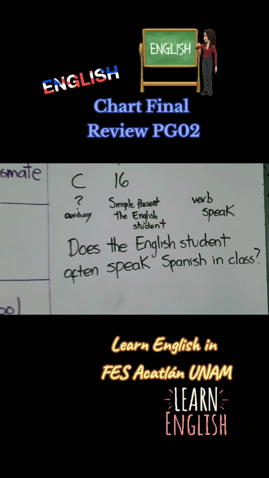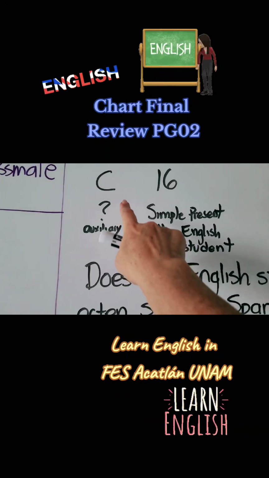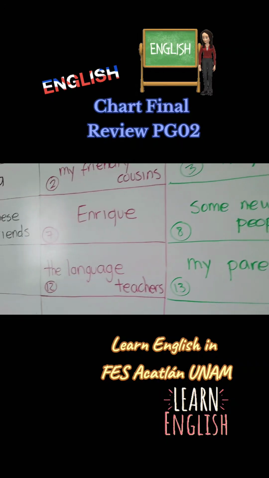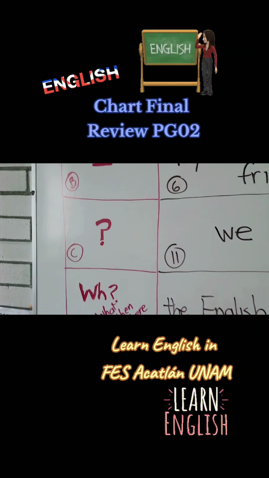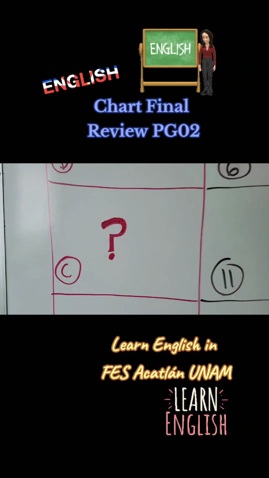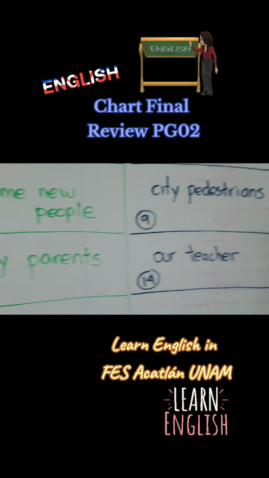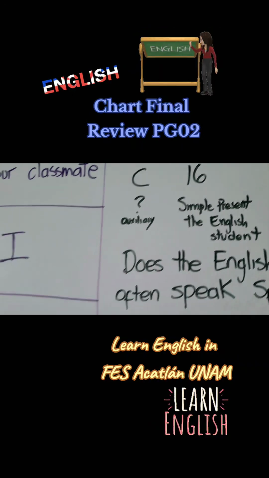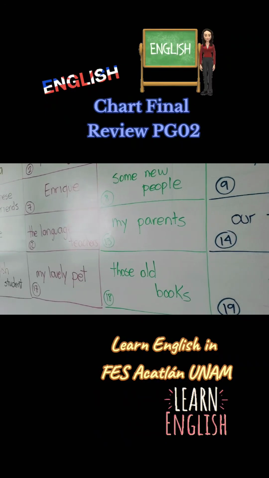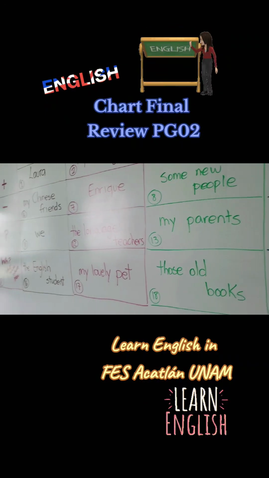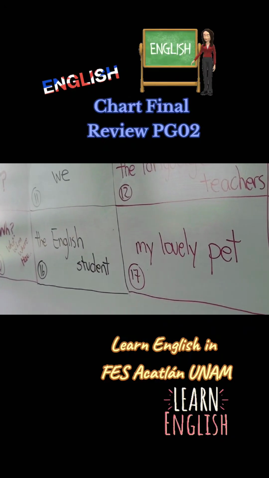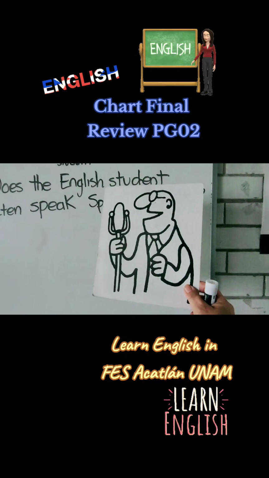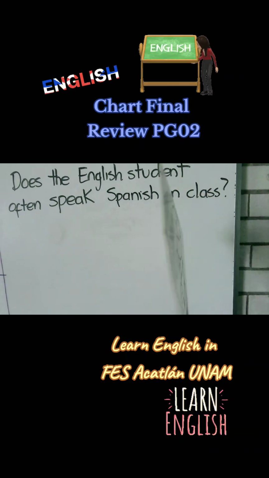Okay, we have another example that is C, that is question with auxiliary. We have it here, question with auxiliary, do, does, did, and the rest. And then we have simple present, number 16 over there. There we go. And then the verb is speak. Speak, spoke, spoken.